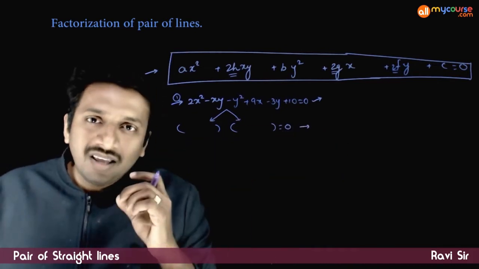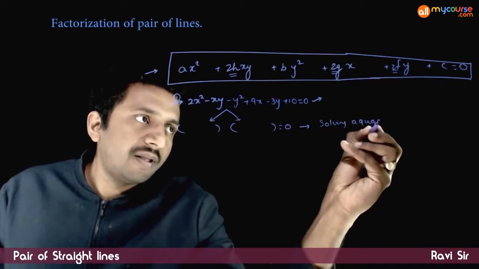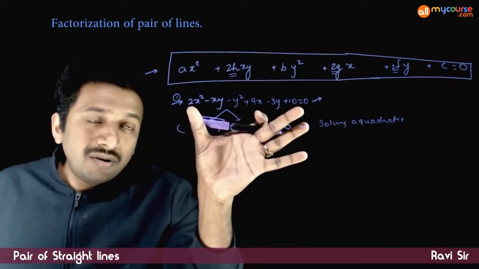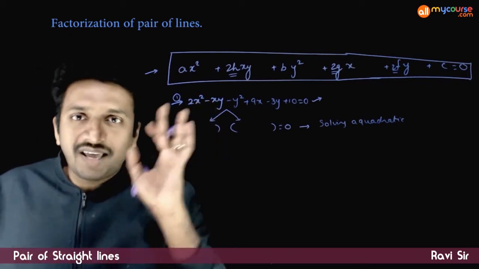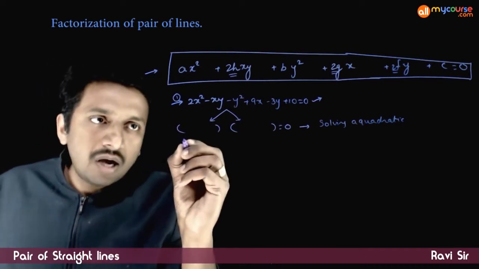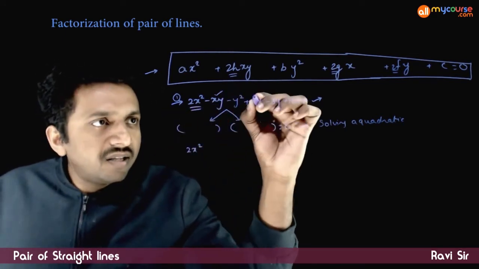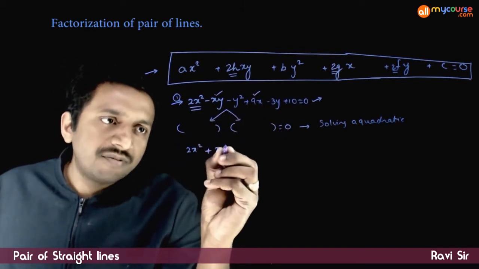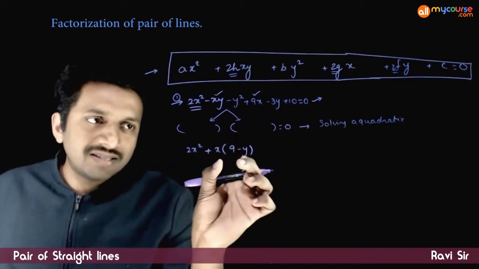The method involves solving a quadratic. You know how to solve a quadratic. So we try to convert this into a quadratic in one of the variables. Let us take x and convert this into a quadratic in x and solve for x. You have 2x squared and you can see that you have x in both these terms, so I'll take x as common: plus x times (9 - y), that is plus 9x - xy.